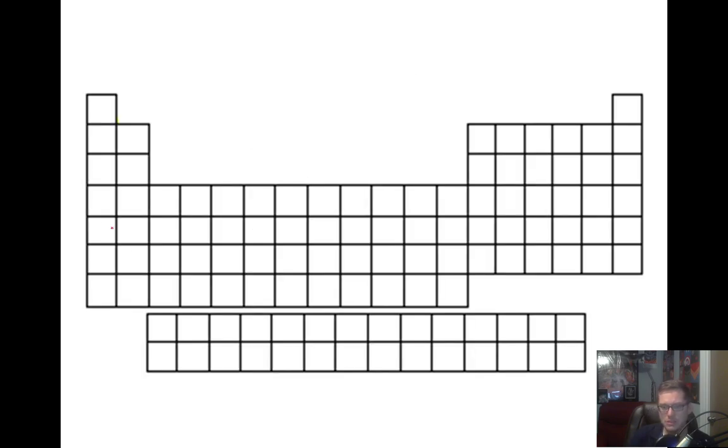So just to label some of these, we've got 1A and 2A, and then 3A, 4A, 5A, 6A, 7A, and 8A. The A groups are the representative elements. This here is the D block, these are the transition metals.